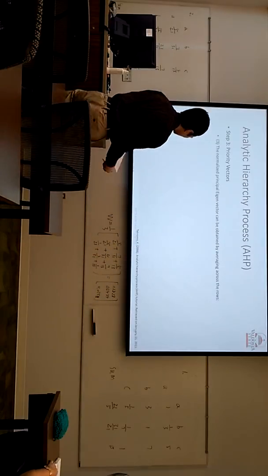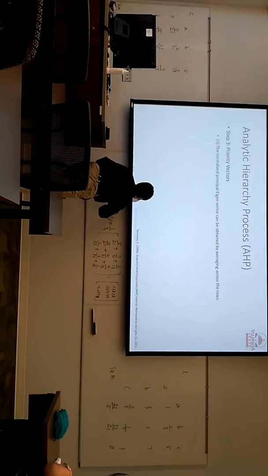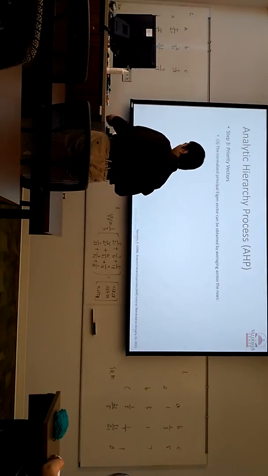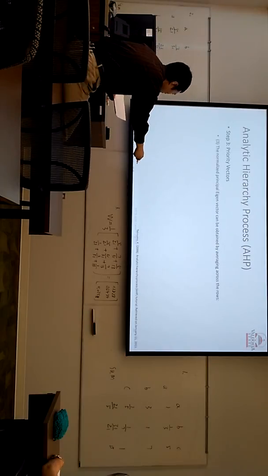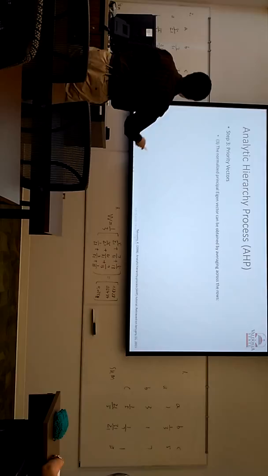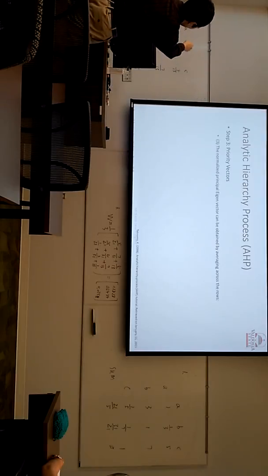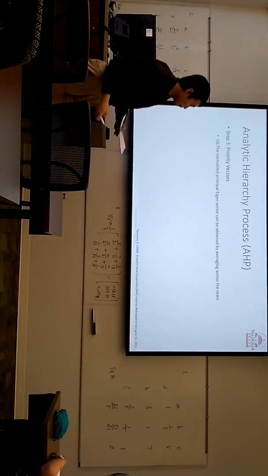So the third step, let's calculate this normalized principal eigenvector. First step, second step. For the first step, we calculate the average of each row.